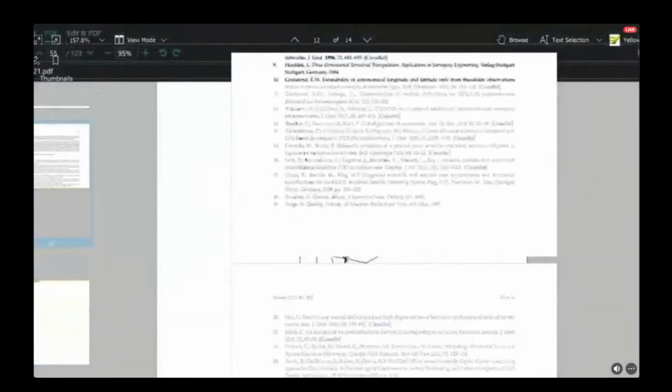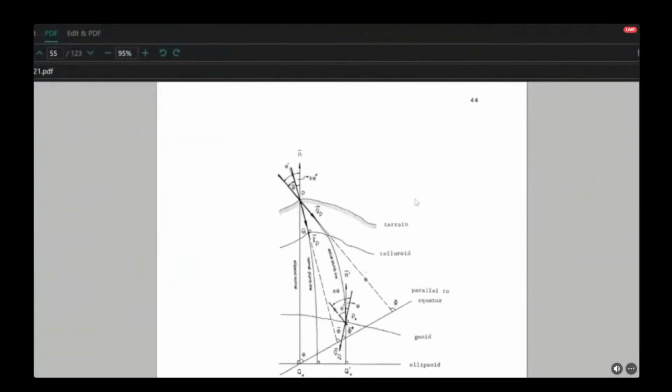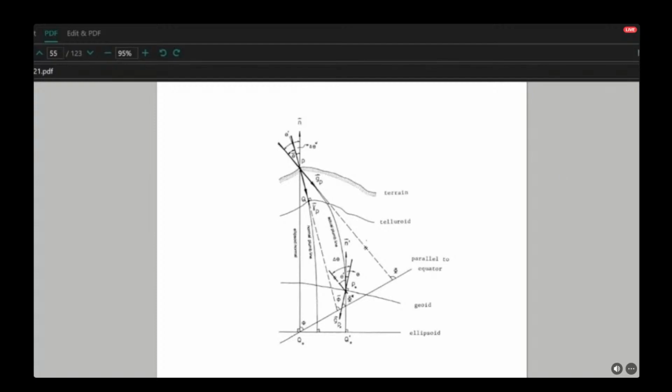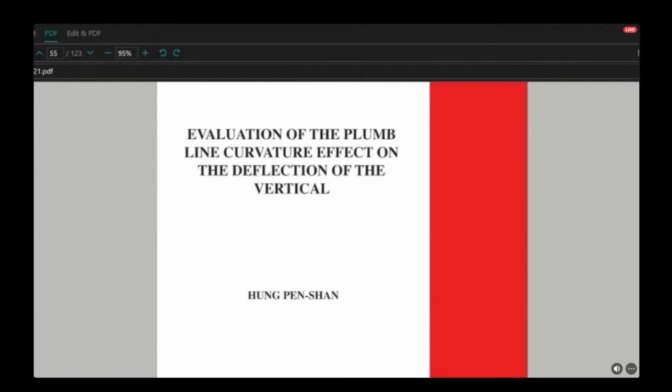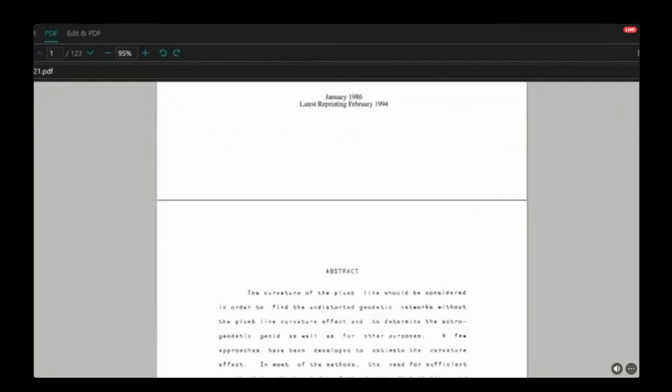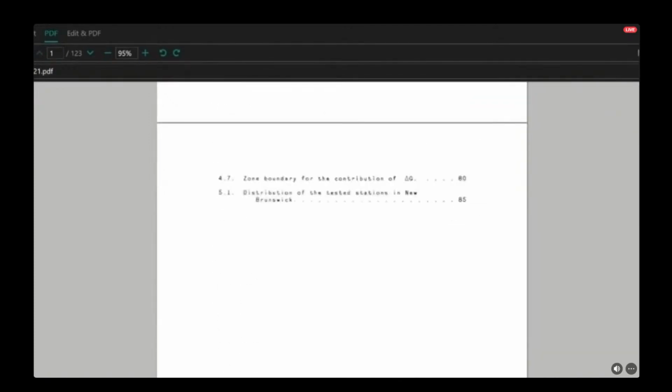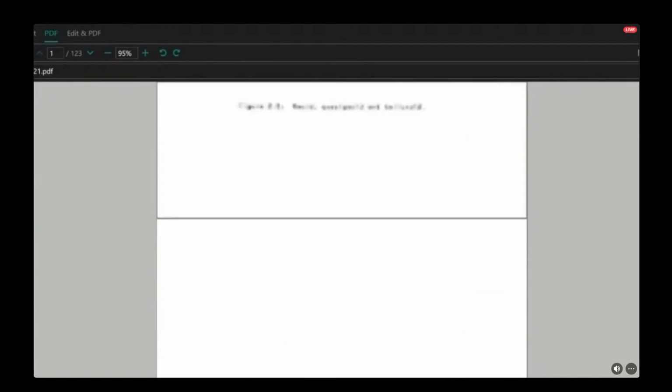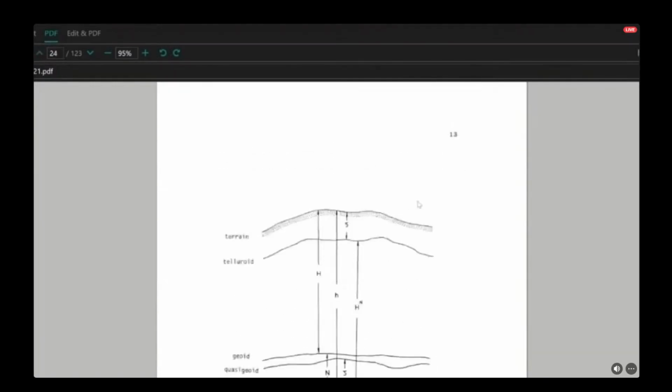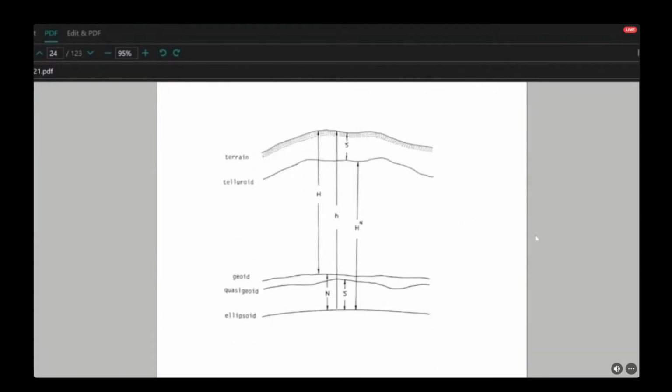This is another paper that has a wonderful diagram of the deflection of the vertical, and we'll take a look at the evaluation of the plumb line curvature effect on the deflection of the vertical. Pretty useful paper, right on point, goes through exactly what we're talking about, and it has his model here, I think. So I was talking about the terrain, the telluroid, the geoid, the quasi-geoid, the ellipsoid, all have different bearings and different alignments.